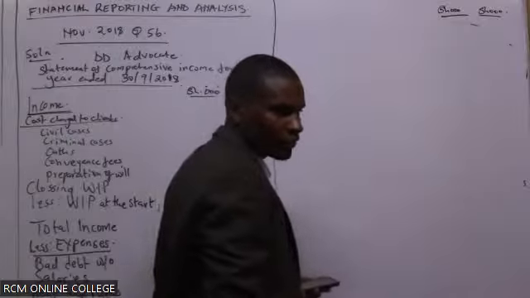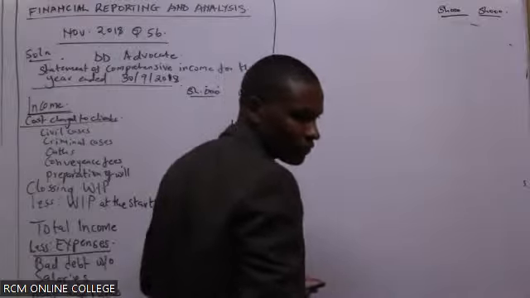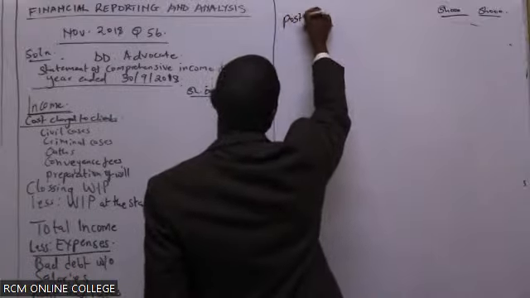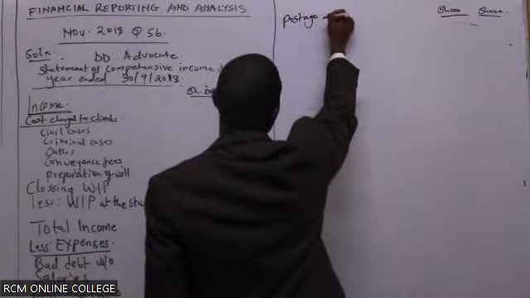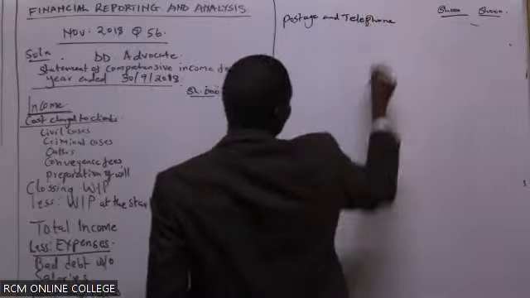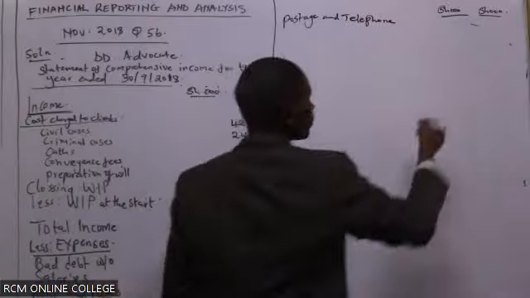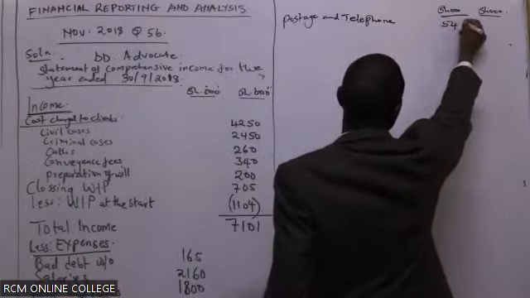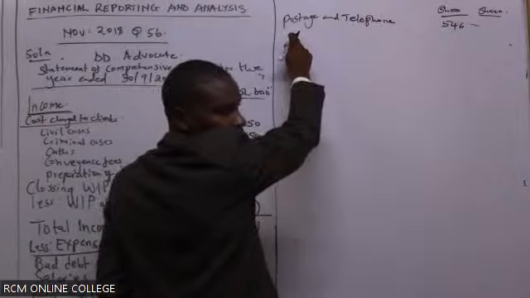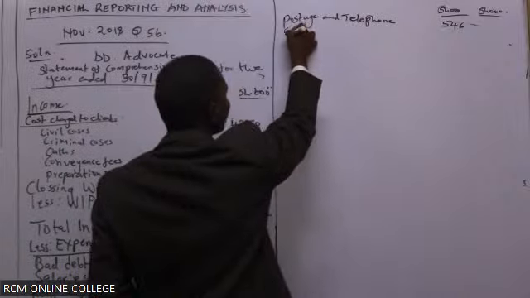Great. Postage and telephone, 546. Then we go to general expenses, 255.